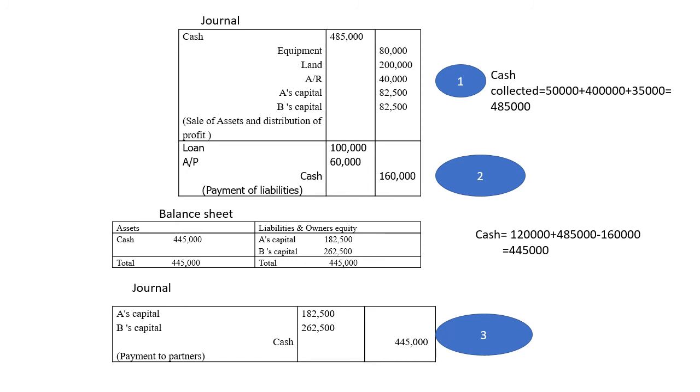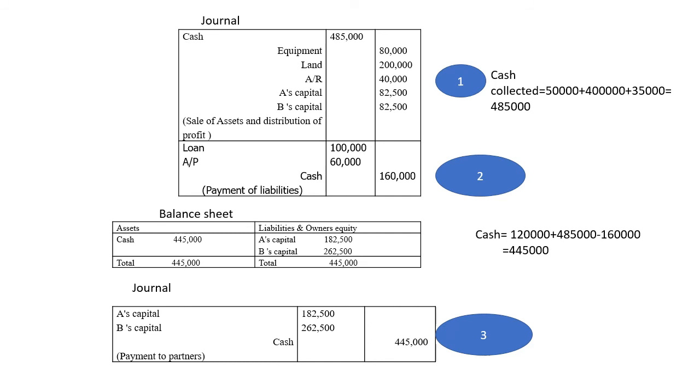You subtract all these book values of assets from the cash collected, and you get a difference of 165,000. This 165,000 divided by 2 is 82,500, a profit for each partner. Profit for a partner makes his capital credit. So the difference is a profit divided between the partners equally, because the exercise says any profits or losses are distributed equally. That's the first journal, for selling the assets, liquidating the assets, and changing all the assets to cash.